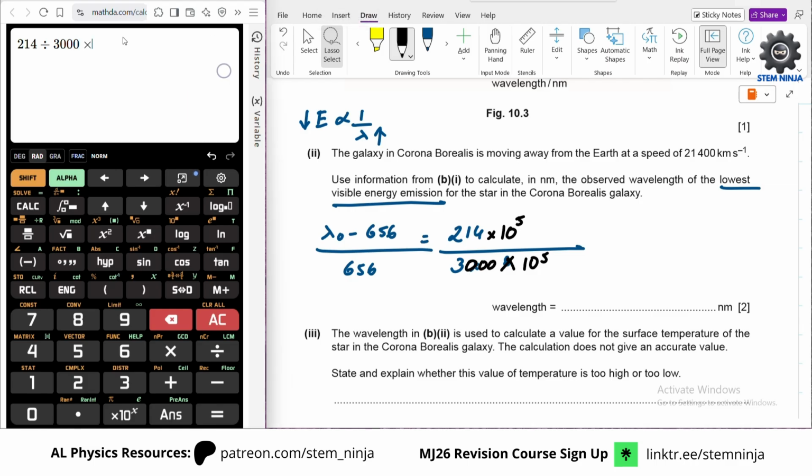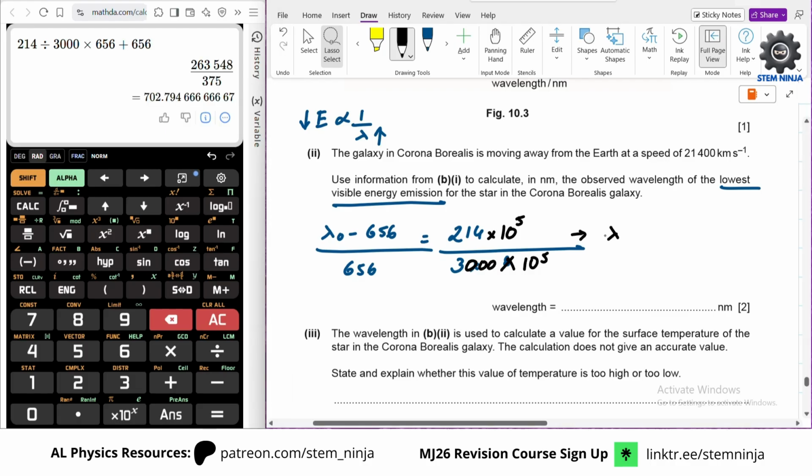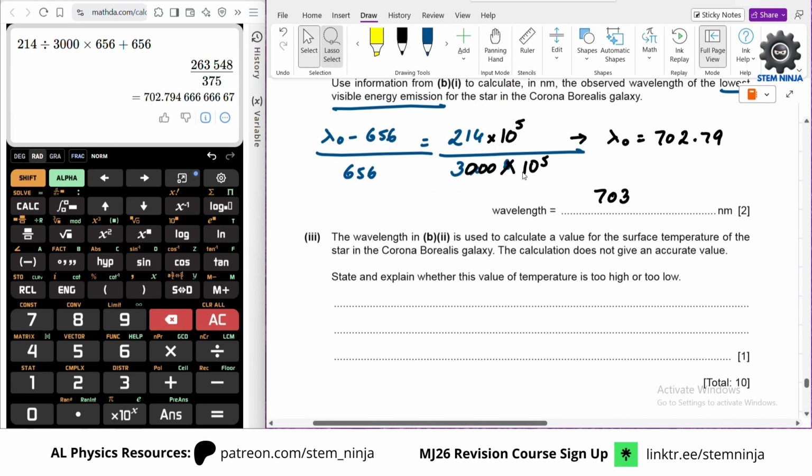So this times 656, plus 656, will get you this value. So observed wavelength would be 702.79, so 703.